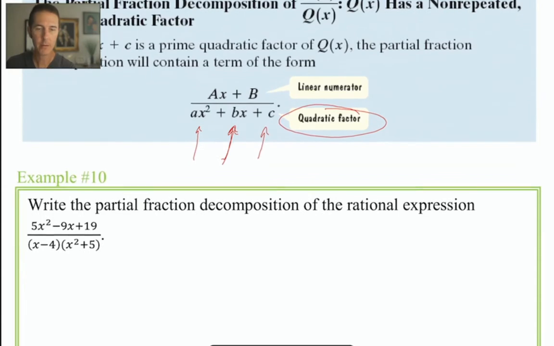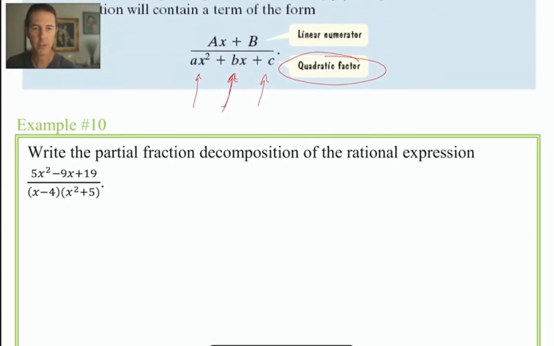In example 10, one of the factors in our denominator is a quadratic. It's a second degree polynomial. That's another way we can phrase it, because it has that x to the second power. And let's take a look at what this decomposition looks like. Well, actually, go back up to the top of your screen with me. So this fraction has that quadratic factor, which is a second degree.